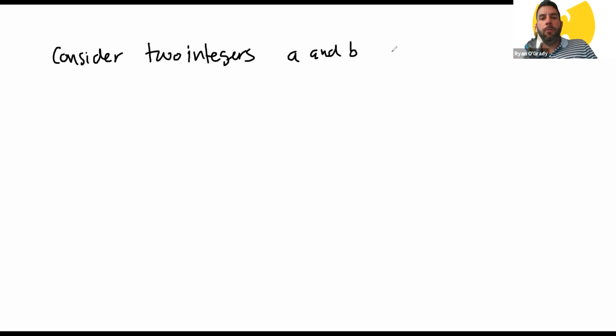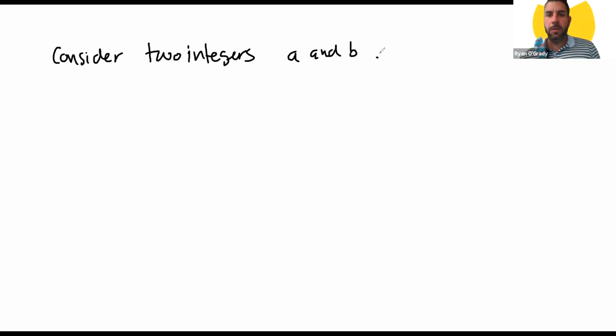So let's consider 2 integers, A and B. Now, what we'd like to know is what happens if we take a number and divide it into A minus B. Turns out this is useful.